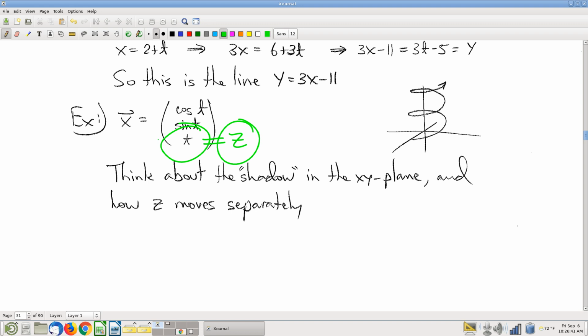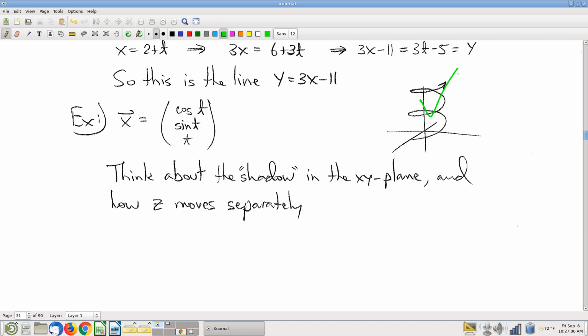So now I actually have a tremendous amount of information about this curve. I know that as it moves around, whatever it's doing, its shadow is doing this and its height is doing that. And you can just combine those two facts with your geometric intuition, and it's not that hard to persuade yourself that you're going to get a helix, they call it.